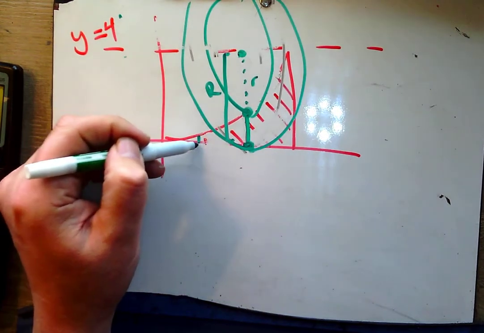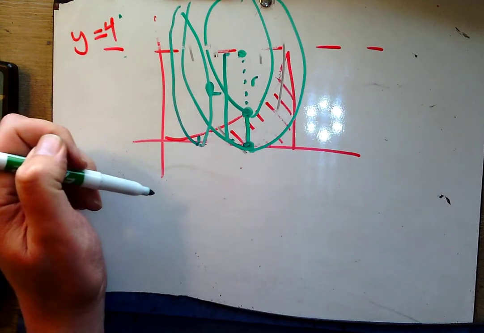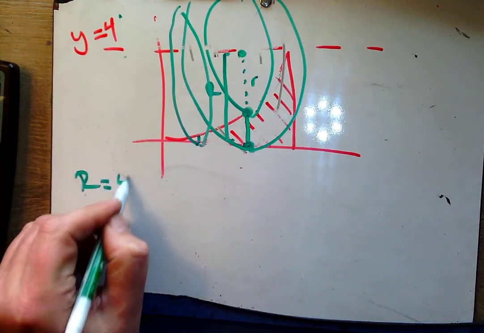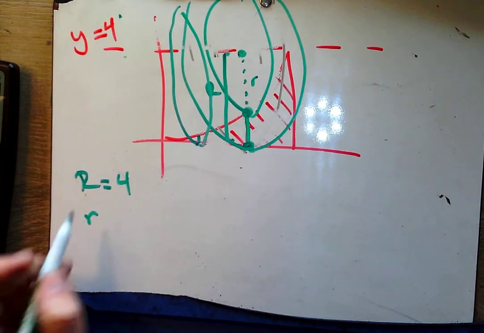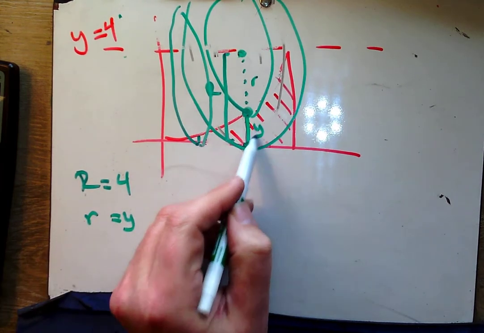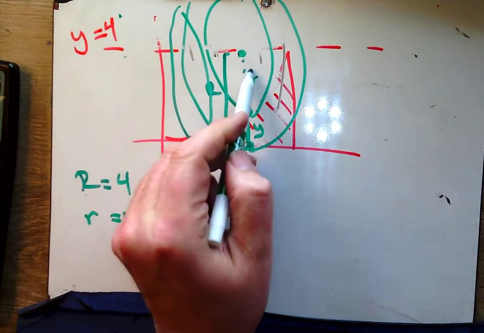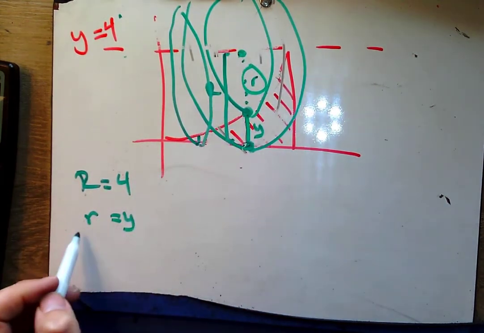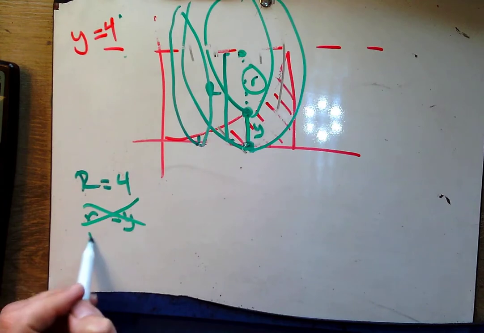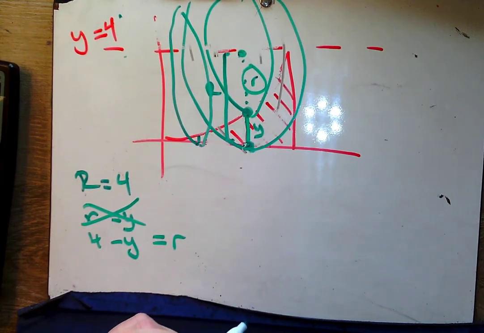Even if I'm over here, the big R is still that constant 4. So R is 4. Little r, some people want to say that's y. This is y. This is 4. So radius is 4 minus y for little r.